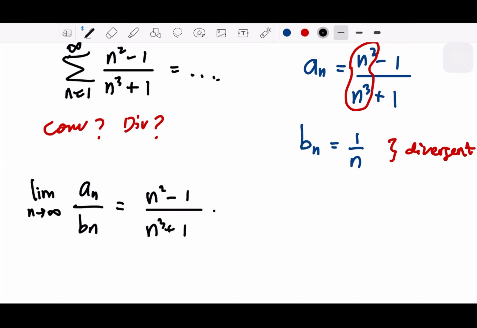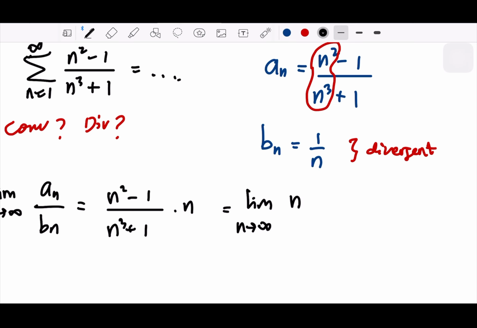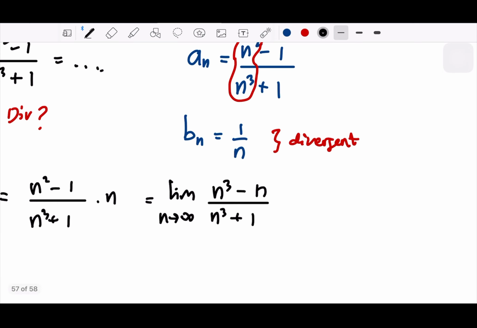Okay, and we will have the limit n cubed, and this will become 0, this becomes 0, this is 1, right? So we have 1, which is greater than 0.